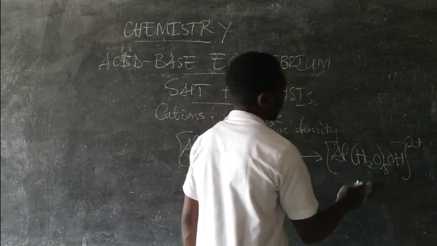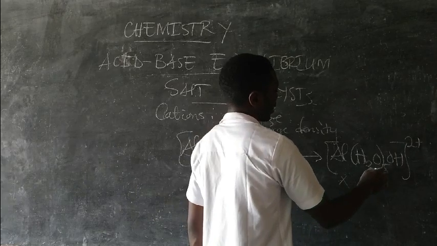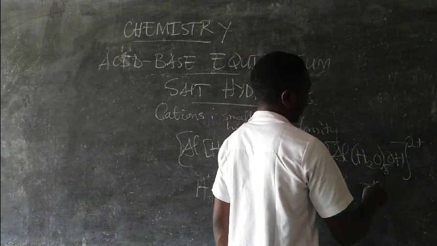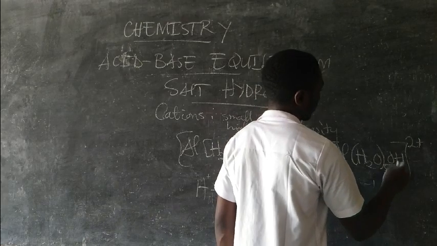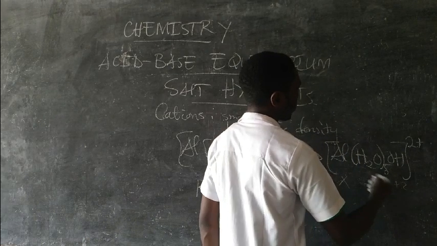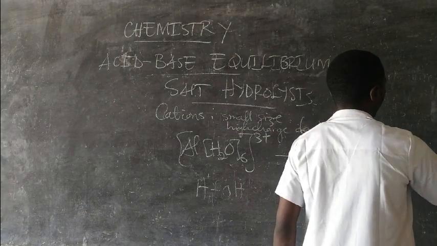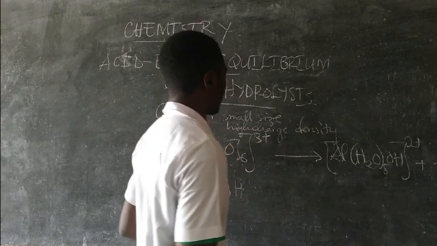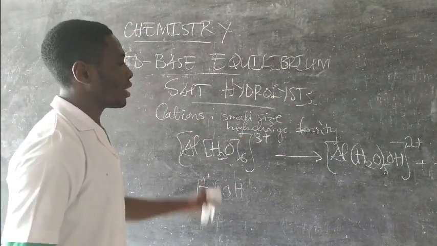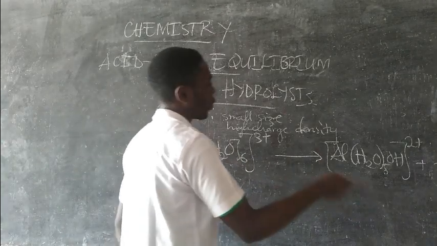Now the oxidation state of aluminium is plus 3, because here you have X, water is 0, times 5 is still 0, but minus 1 for OH minus, equal to plus 2. So when this negative 1 goes this way, it still becomes plus 3. Now plus H3O plus, you see it's balanced in terms of charge. The charge that way is plus 3, this one is also plus 3. So it has polarized the water molecule to produce H plus and OH minus.